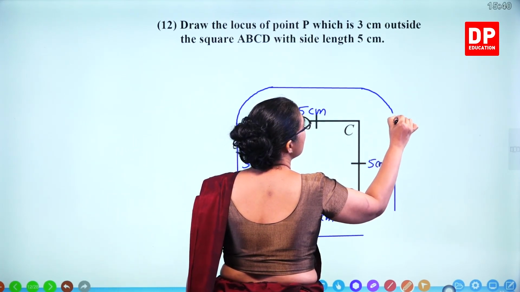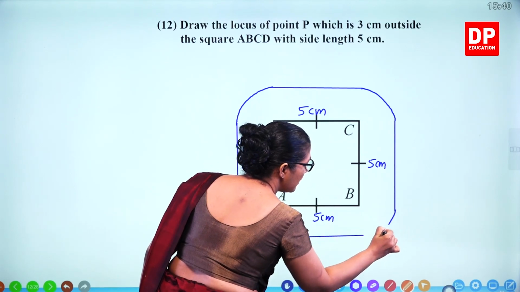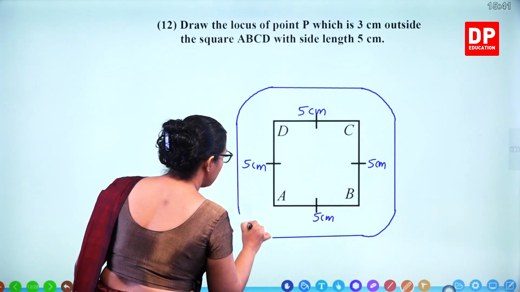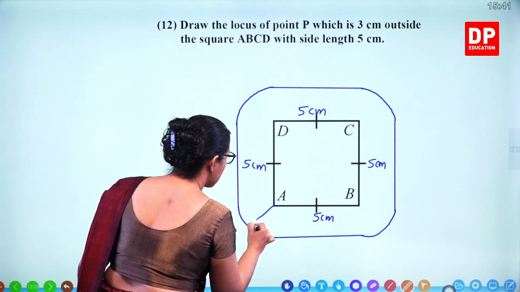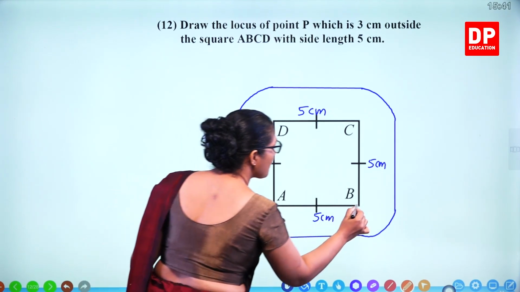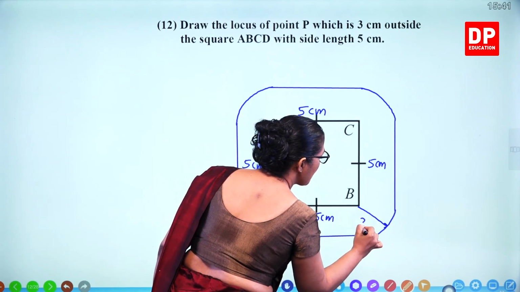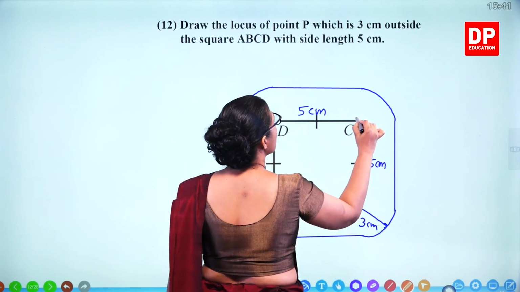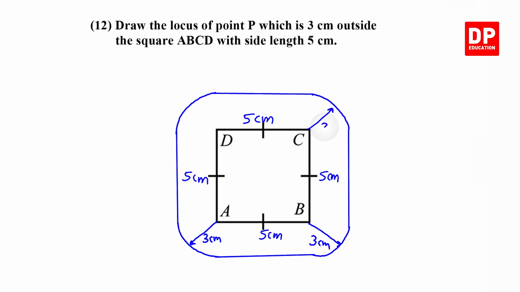Another arc here, here and here. So this distance is 3 centimeters. So all these lengths are 3 centimeters.